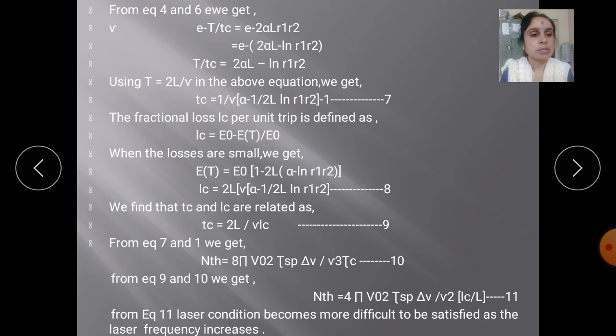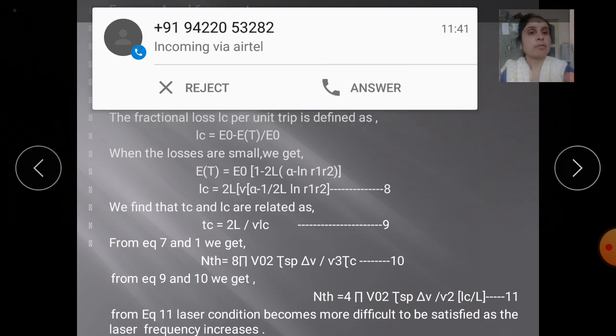From equation 7, the laser condition becomes more difficult to satisfy at the laser frequency mode.